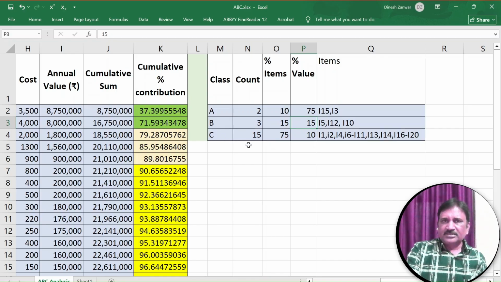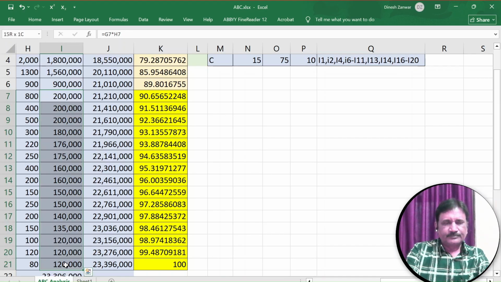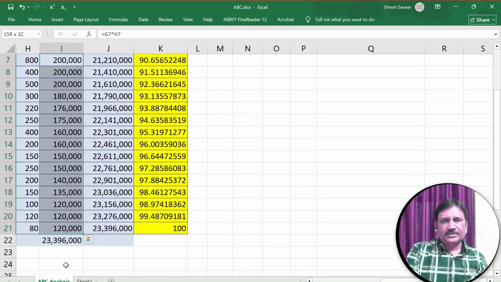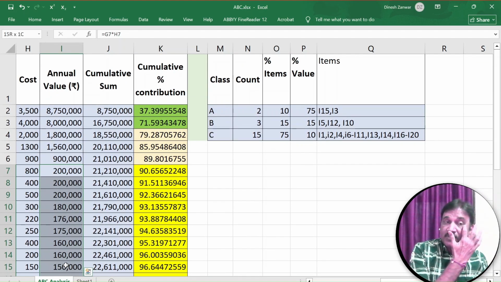And in C class, how many items are there? 15 items are there, so contribution-wise, 15 divided by 20 comes to 75%, and the sum of the values from this one to this one divided by 233 lakh 96,000 will come equal to 10% only.